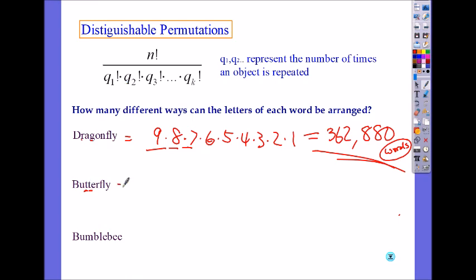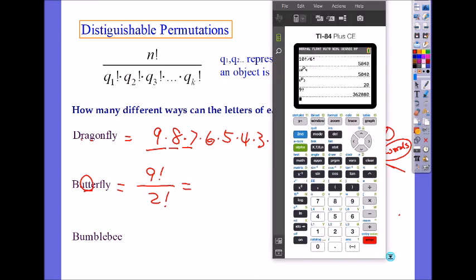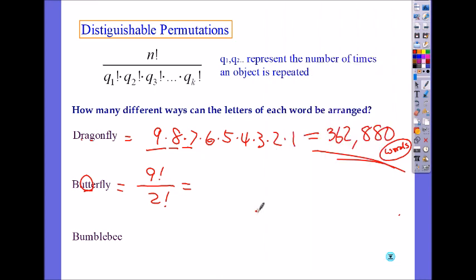So here, you're doing 9 factorial divided by what? How many T's do we have? 2. So you do 2 factorial, meaning 2 times 1. So it's only half of this, which will be 181,440.